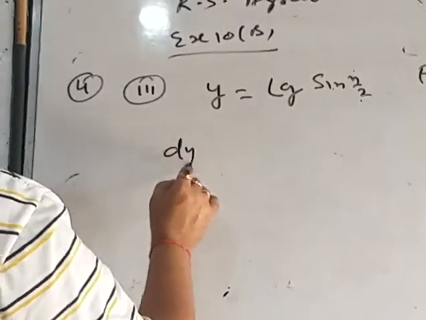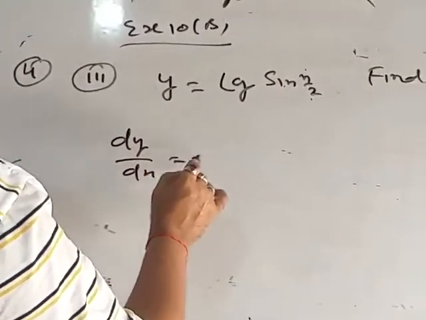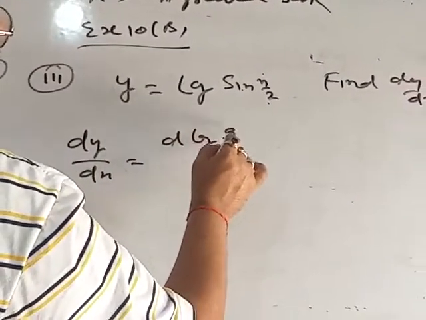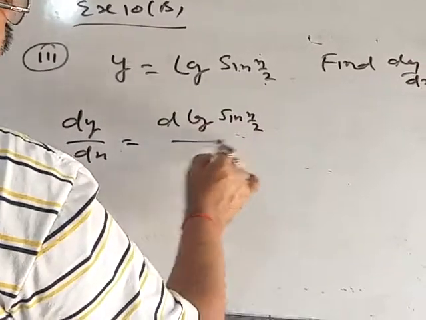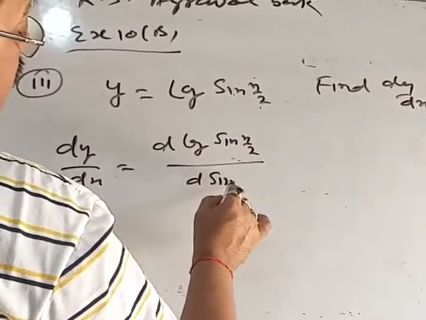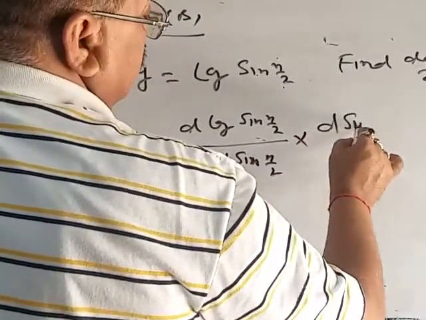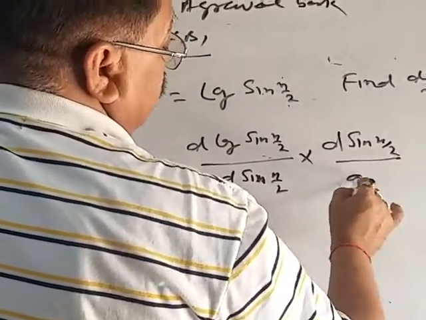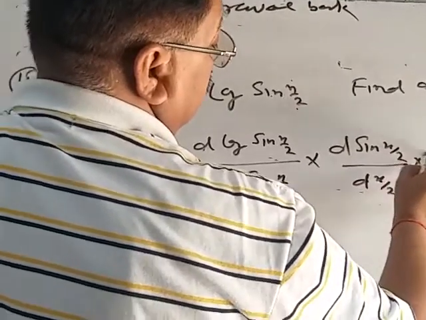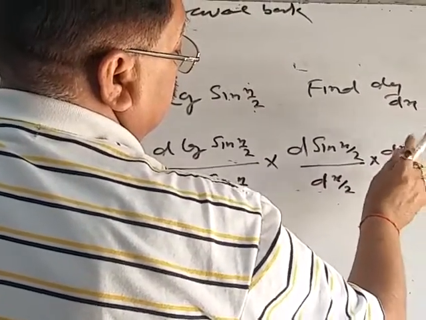So dy by dx is d log sin x by 2, d sin x by 2, and d of x by 2 with respect to x, and d of x by 2 by dx.